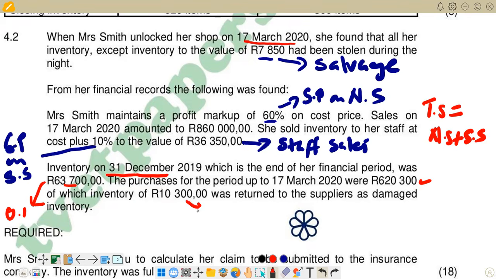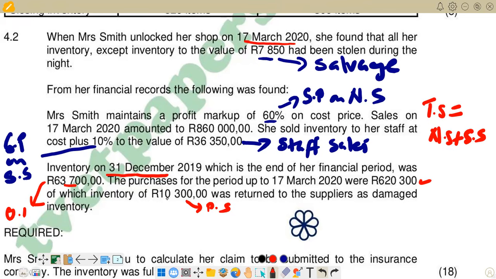These are purchases returns. In the trading account, as we know, we subtract purchase returns from purchases as we are trying to calculate gross profit. In the question, the figure of gross profit you can find because we have already been given the percentages in terms of markup. So we can use the markup to find the gross profit for the period.